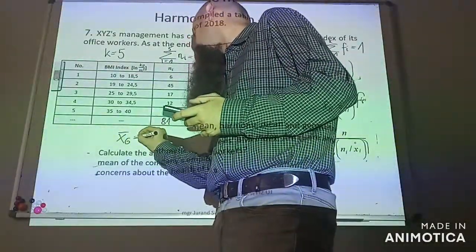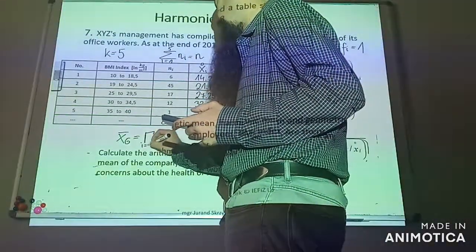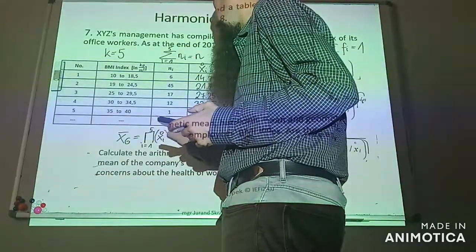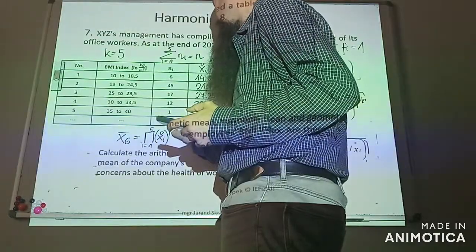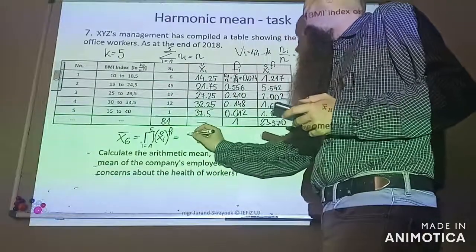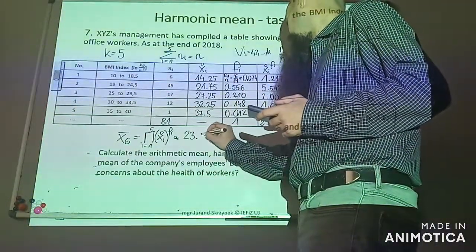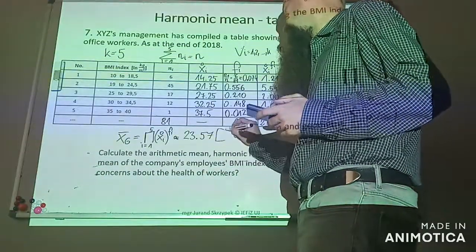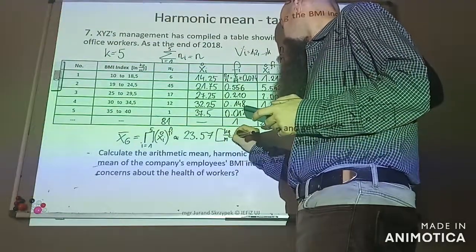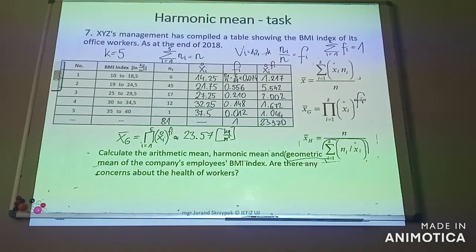Geometric mean is the product from i equal 1 up to 5 of the middle of the classes raised to the power of fi's, and the final result is about 23.57 kilograms divided by meters square.